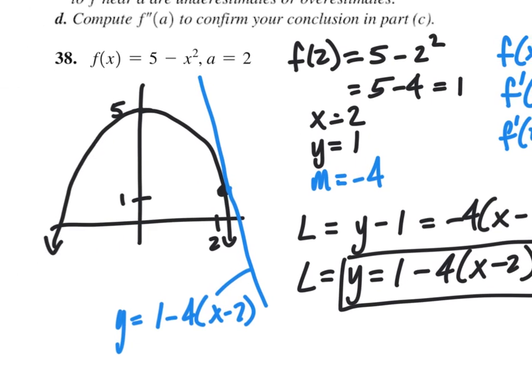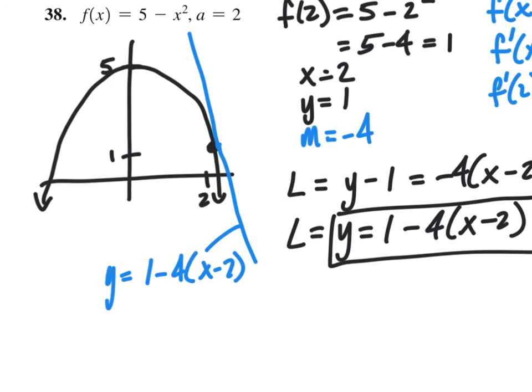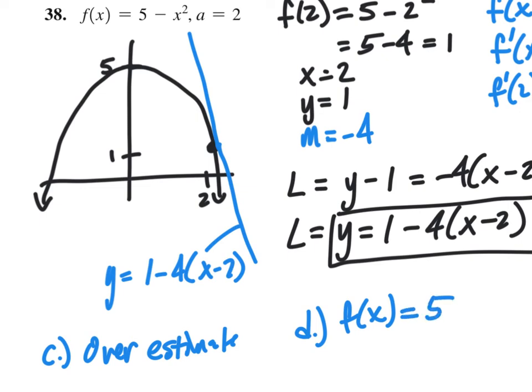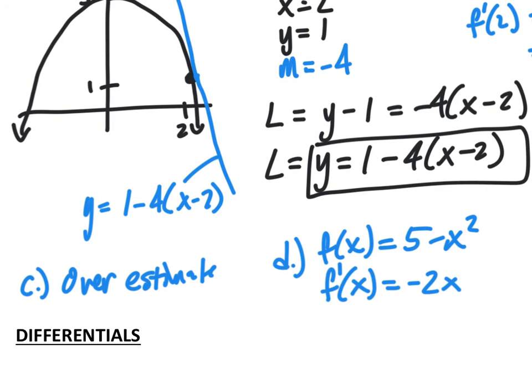Based on the graph, any point on the line is above the curve, so it is an overestimate. That answers part C. Now let's take our second derivative for part D. If f of x equals 5 minus x squared, then f prime of x is negative 2x, and f double prime of x is negative 2.